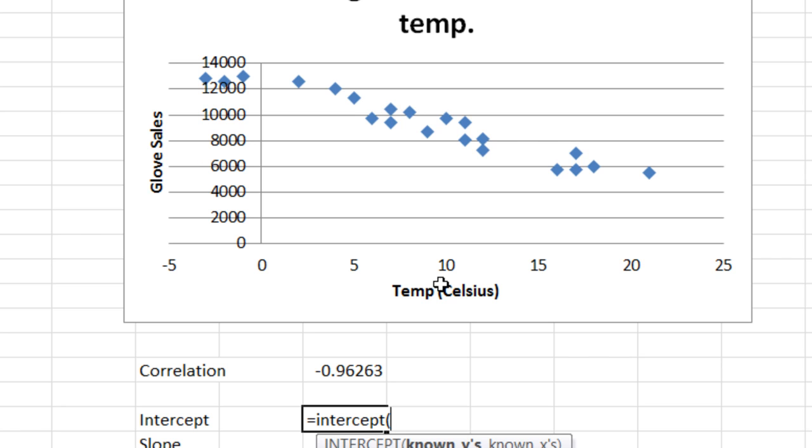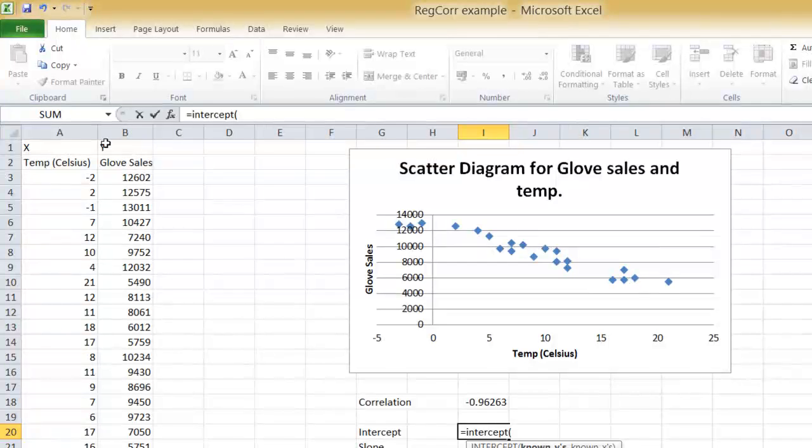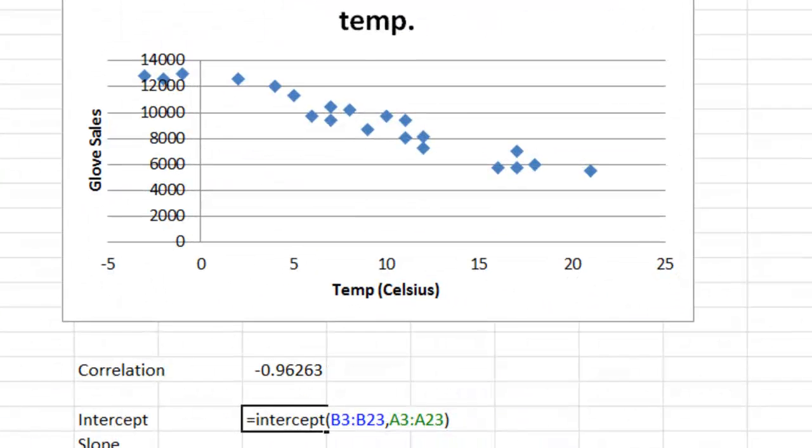That will give you a prompt to say that it's looking for known y's and known x's. So in exactly the same way as we did with the correlation one, I'm just going to highlight the glove sales because they're my y values, put a comma in, highlight the temperatures, close the bracket, press return, and it gives me my answer.